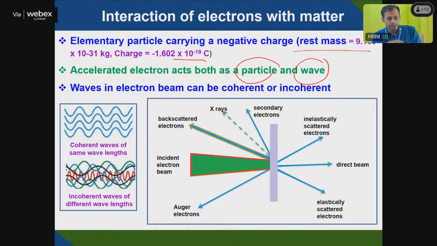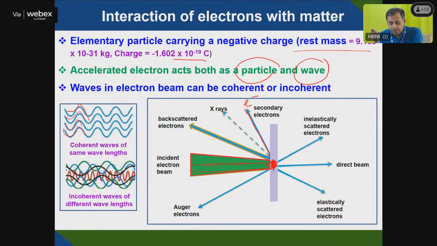In this interaction, the electron beam can be coherent, all in phase, so you can get a summation of all these, or they can be incoherent and cancel each other out. If the incident electron beam falls on a specimen, there is a probability that the electron can be absorbed and generate a secondary electron.